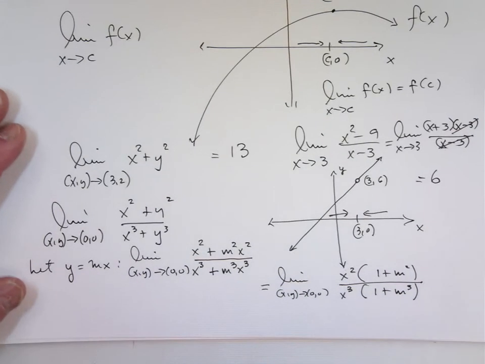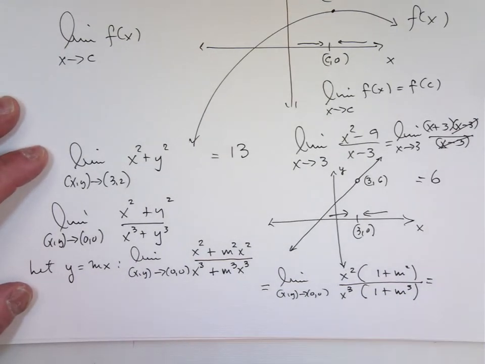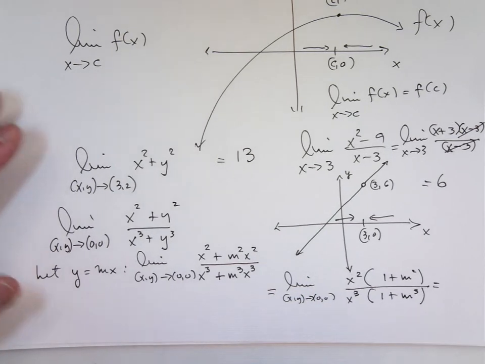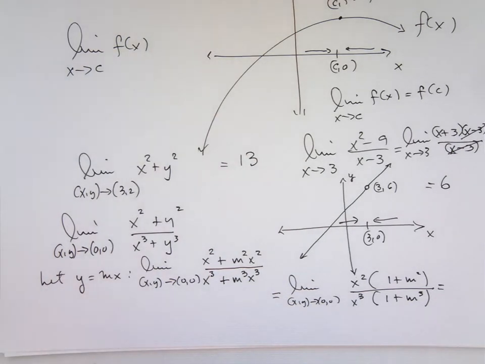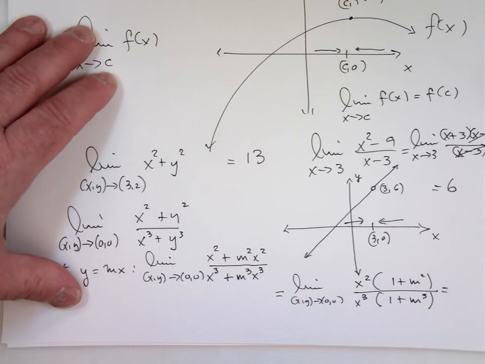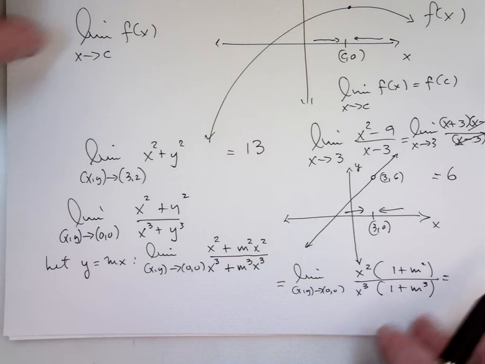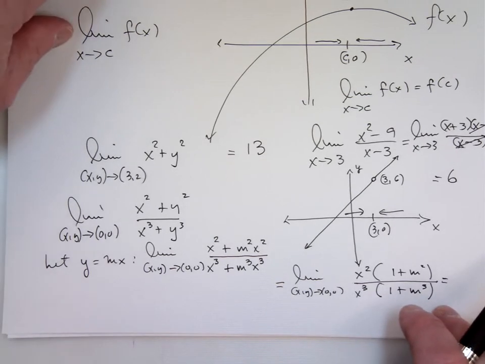Okay. We can cancel out some x's and be left with, we're going to have to go to the next page. All right, so what we can do is go to the next page.